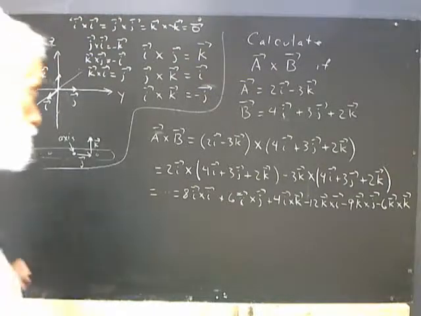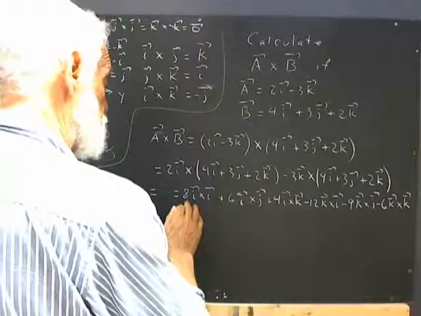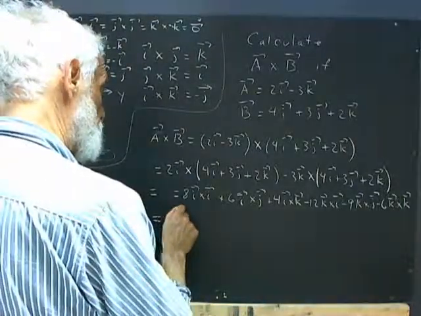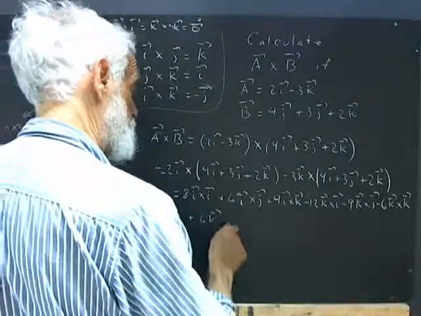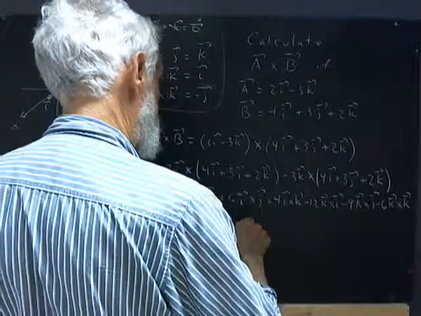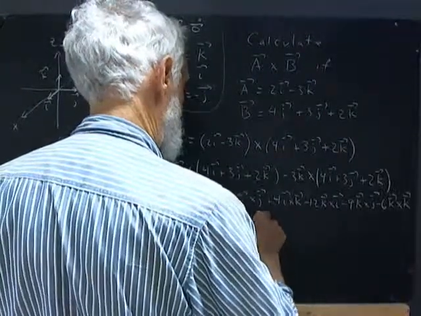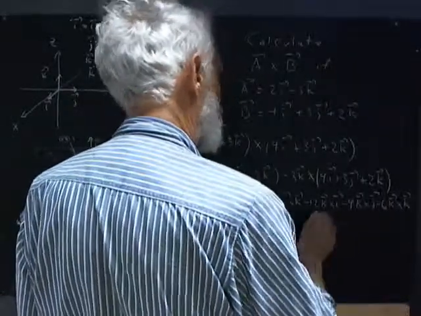The rest comes about in a straightforward manner if we just use the rules. I cross I is 0, so that's going to be the 0 vector. I cross j is k, so that's 6k. I cross k is negative j, so that's 4 times negative j.